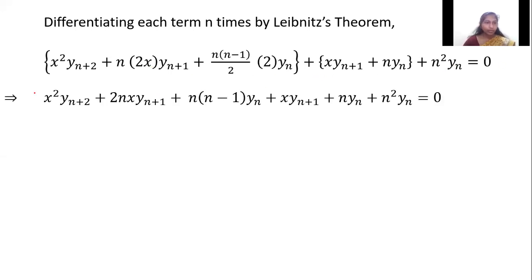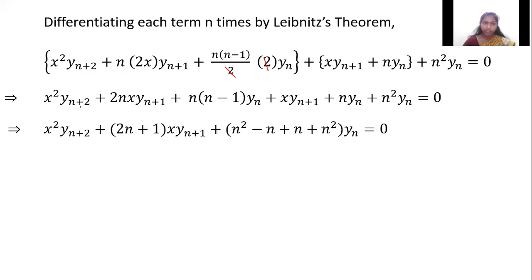Now I have to do a rearrangement. The like terms I can bring together, and all the cancellations we can make. So x square y n plus 2 plus 2n x y n plus 1, plus this 2 and this 2 we can cancel, n into n minus 1 y n, plus x y n plus 1 plus n y n plus n square y n equal to 0. Now only one term with y n plus 2 is retained. Now y n plus 1, we have two different terms here. We can bring them together.